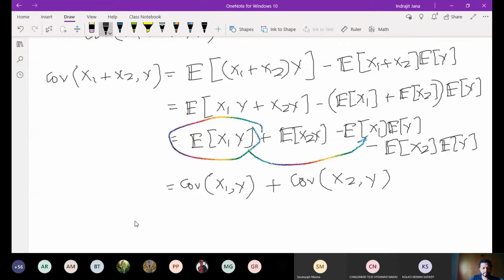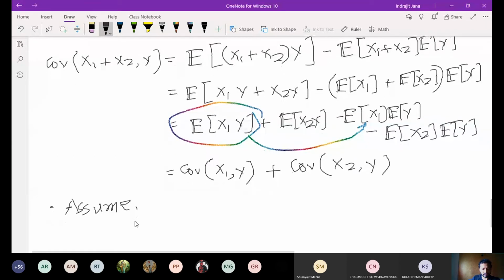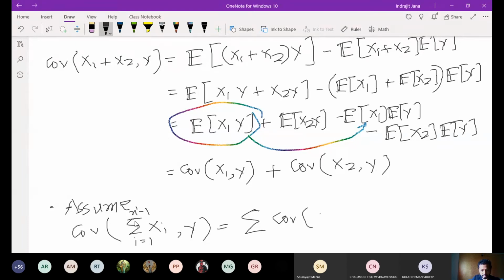Now the induction step. You assume that this is true for n minus 1. So let's say covariance of summation of xi, i from 1 to n minus 1, y is equal to summation of covariance of xi, y, i from 1 to n minus 1.